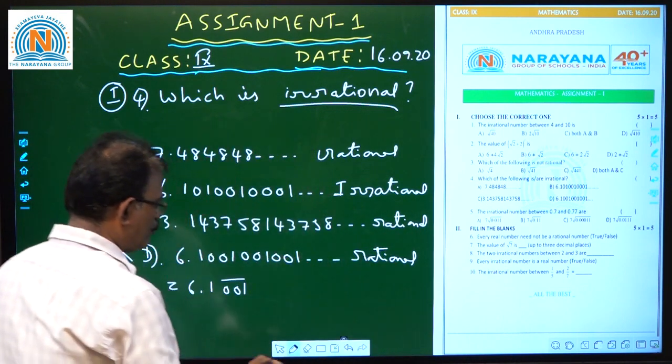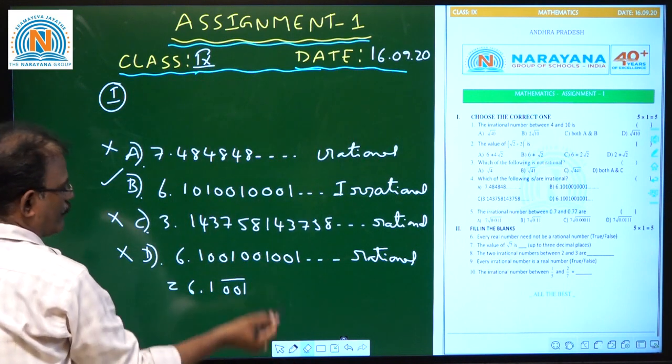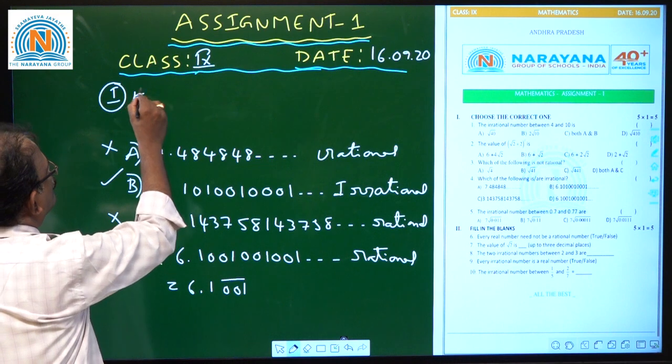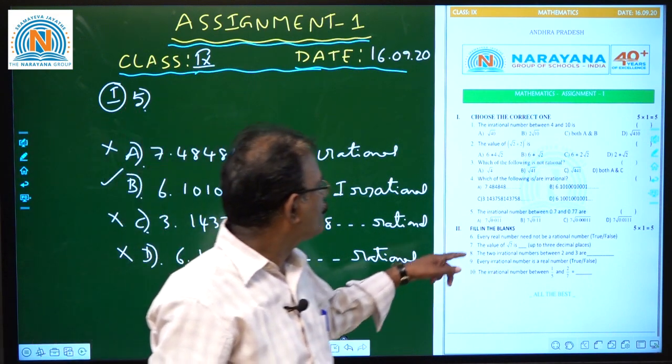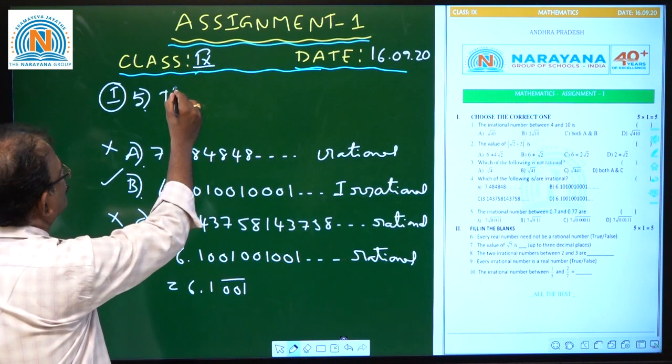Coming back to question number 5, children. What is question number 5? The rational number between 0.7 and 0.77.